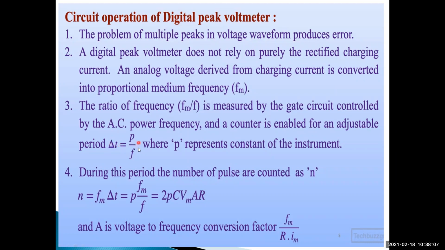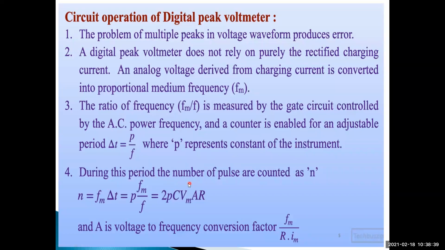Delta T is equal to P by f, where P represents the constant of the instrument.